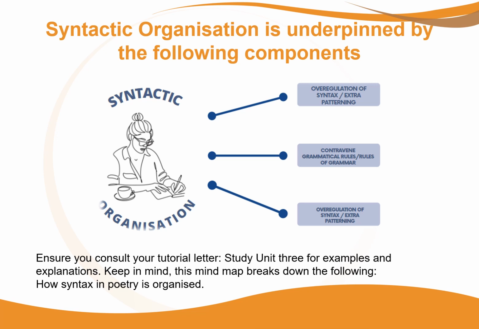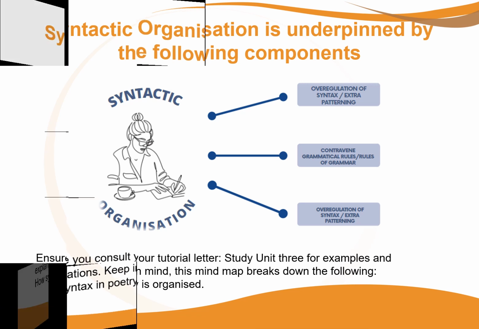You have to ensure that you consult your tutorial later for this, especially in study unit 3, for examples and explanations of these three components. And this mind map essentially breaks down how syntax in poetry is organized.